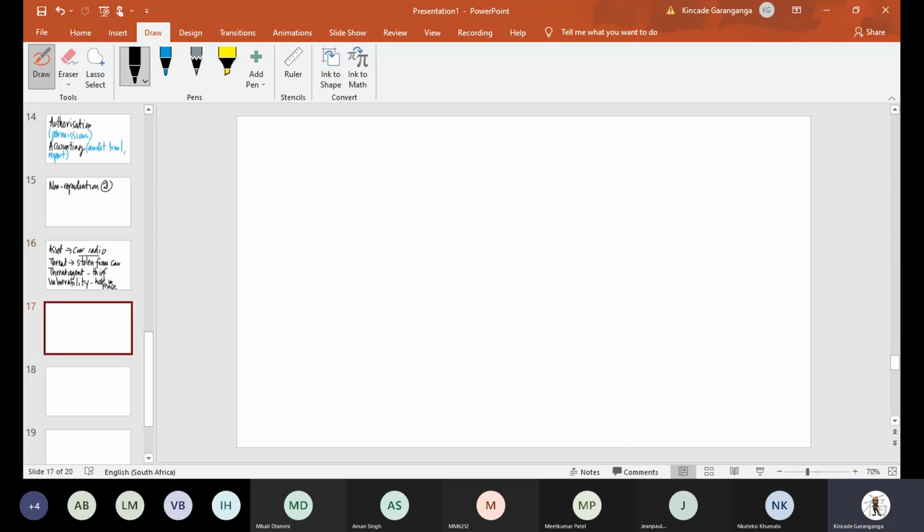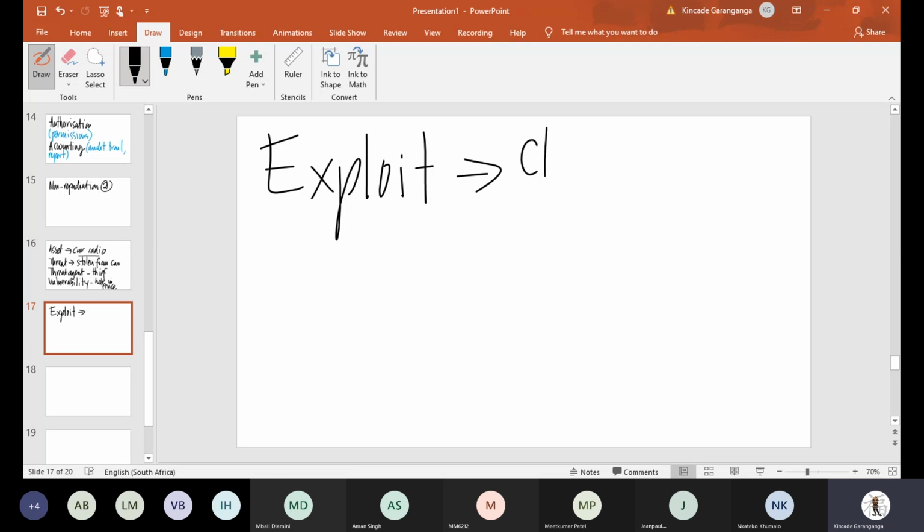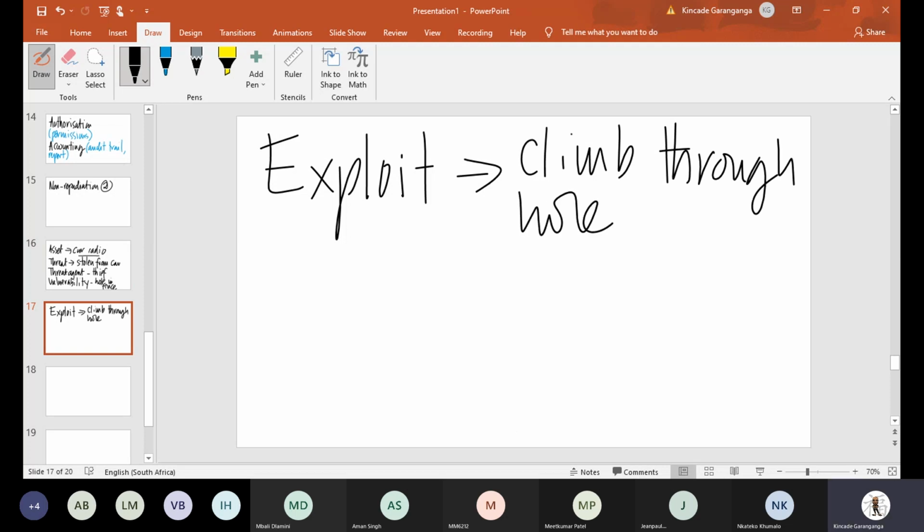And then what is a typical example of an exploit? When we're looking at the car radio scenario, this is someone climbing through the hole in the fence, right?